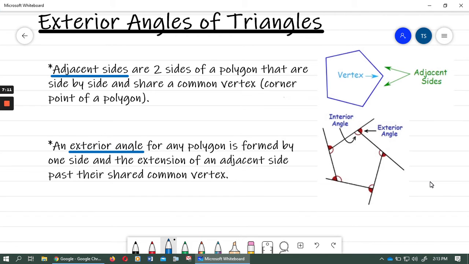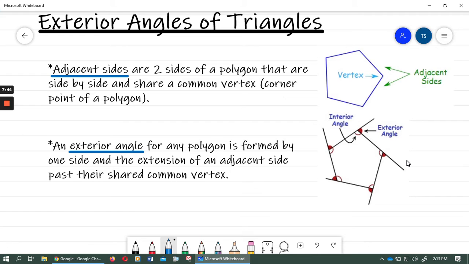An exterior angle for any polygon, including triangles, is an angle that is formed by one side and the extension of an adjacent side past their shared common vertex.